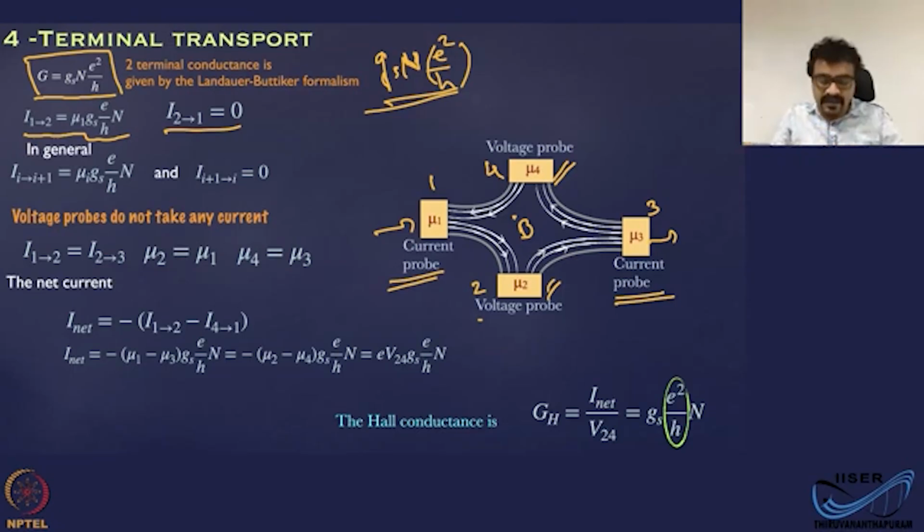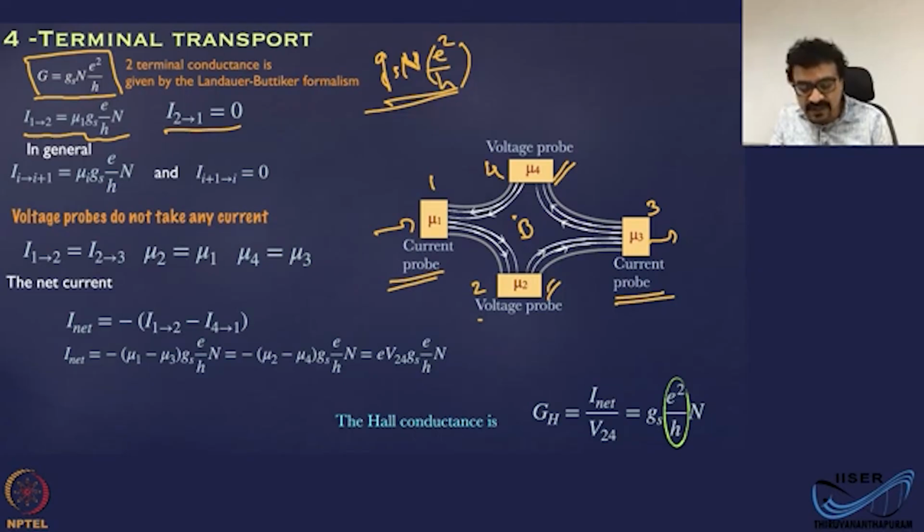Now the net current is the difference, I from 1 to 2 minus 4 to 1, and you can substitute all these terms mu1, mu3 and mu2, mu4, and what you will get eventually is eV24, because 1 is the same as 2 and 3 is the same as 4.